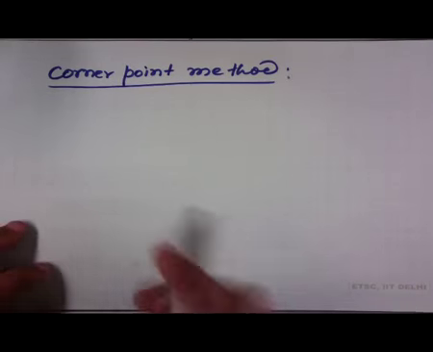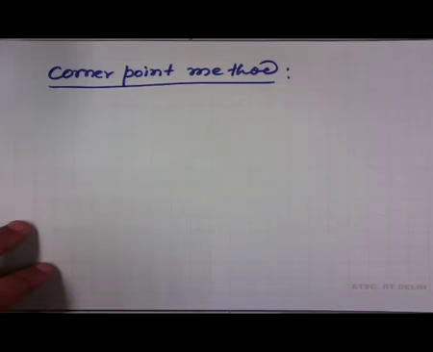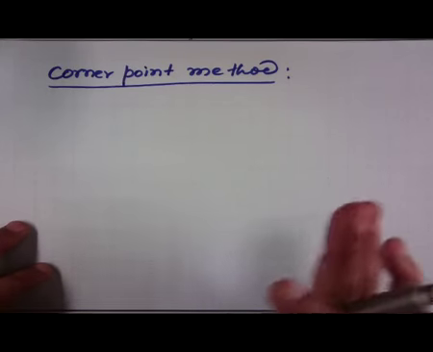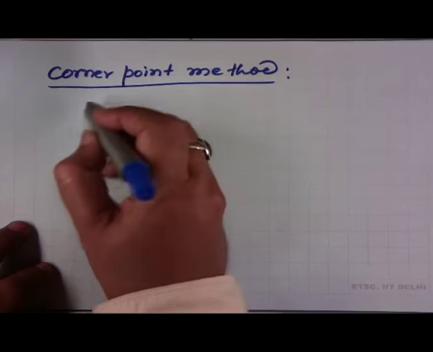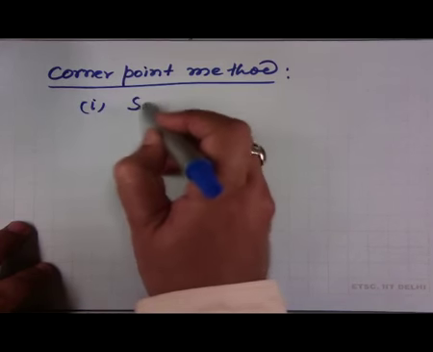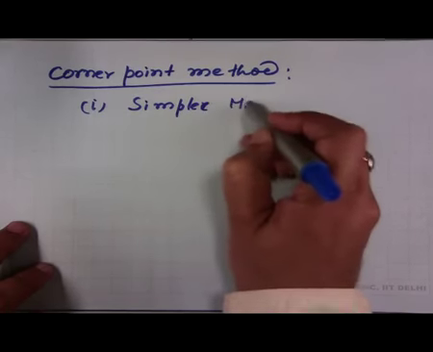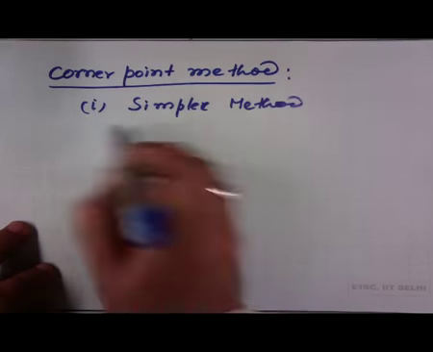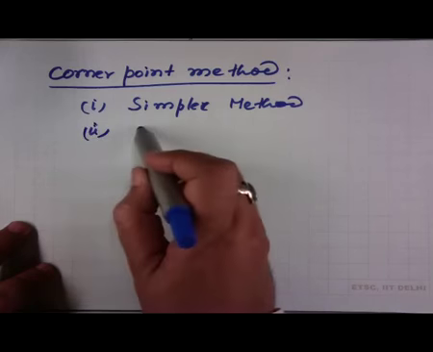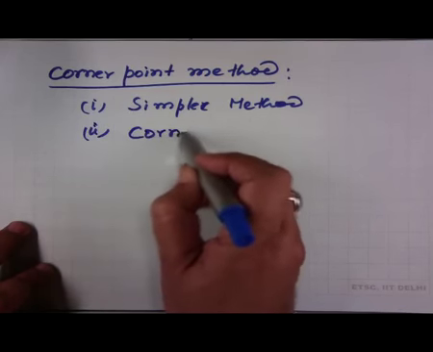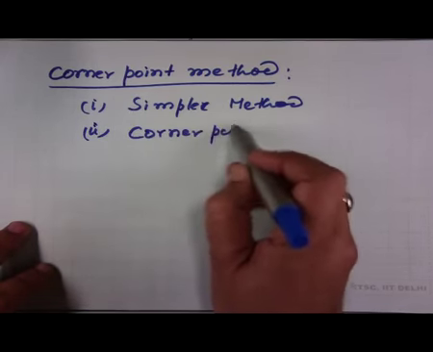So, to solve an LPP, we have two very important methods, that is, first is the simplex method and second is the corner point method.